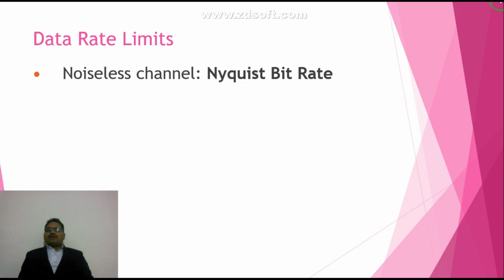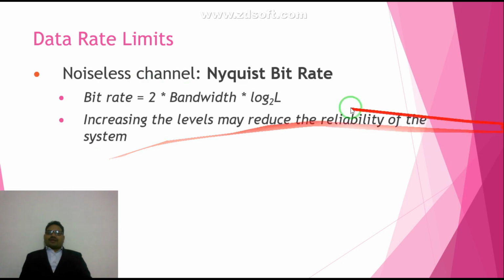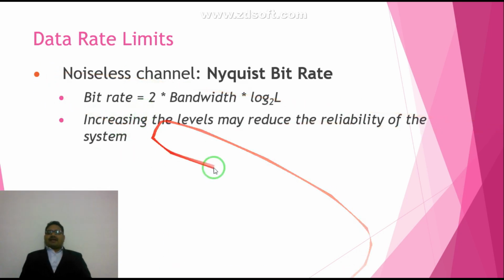Now, we are assuming a channel, that is a transmission medium, which is noiseless. So we are going to define the Nyquist bit rate, that is the number of bits transmitted per second, which is given by the formula 2 into bandwidth into log of L. Bandwidth is basically the bandwidth of your channel.